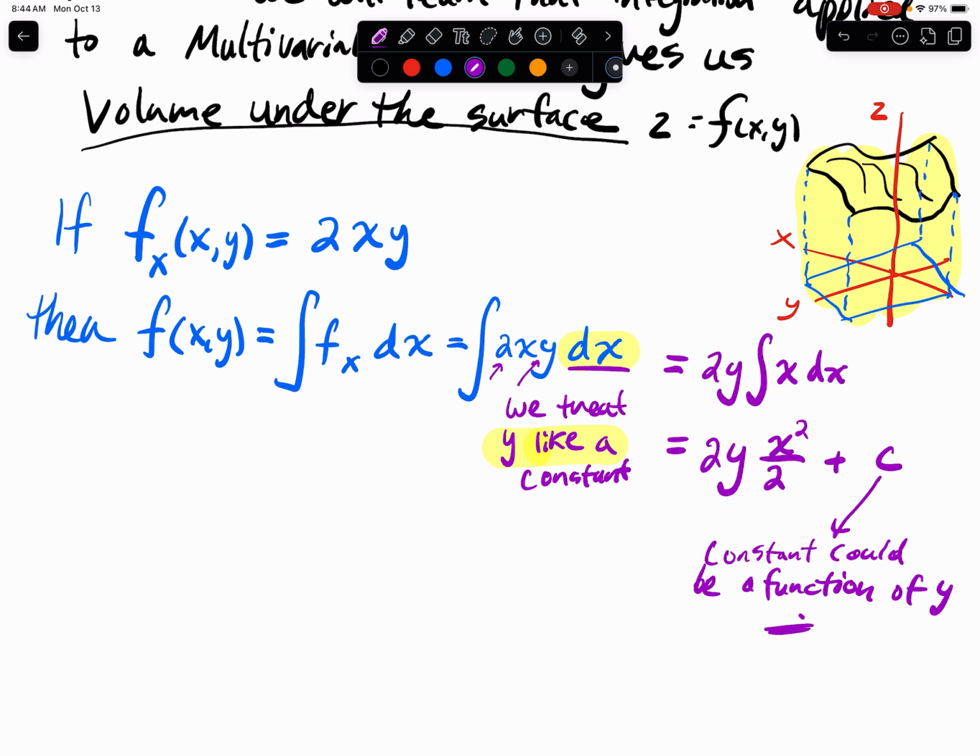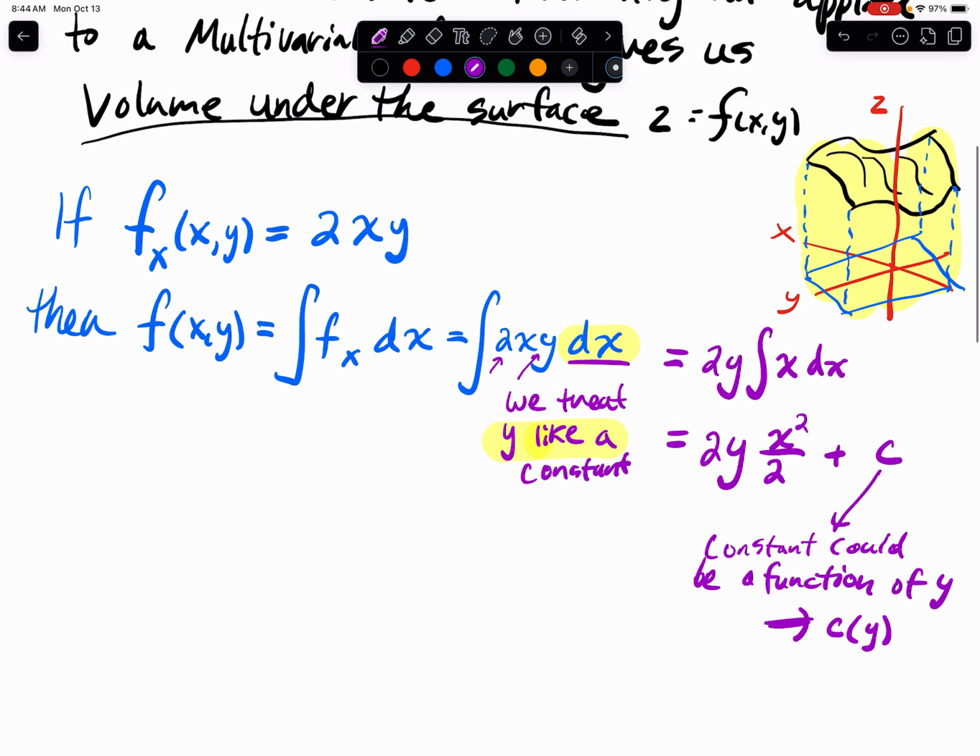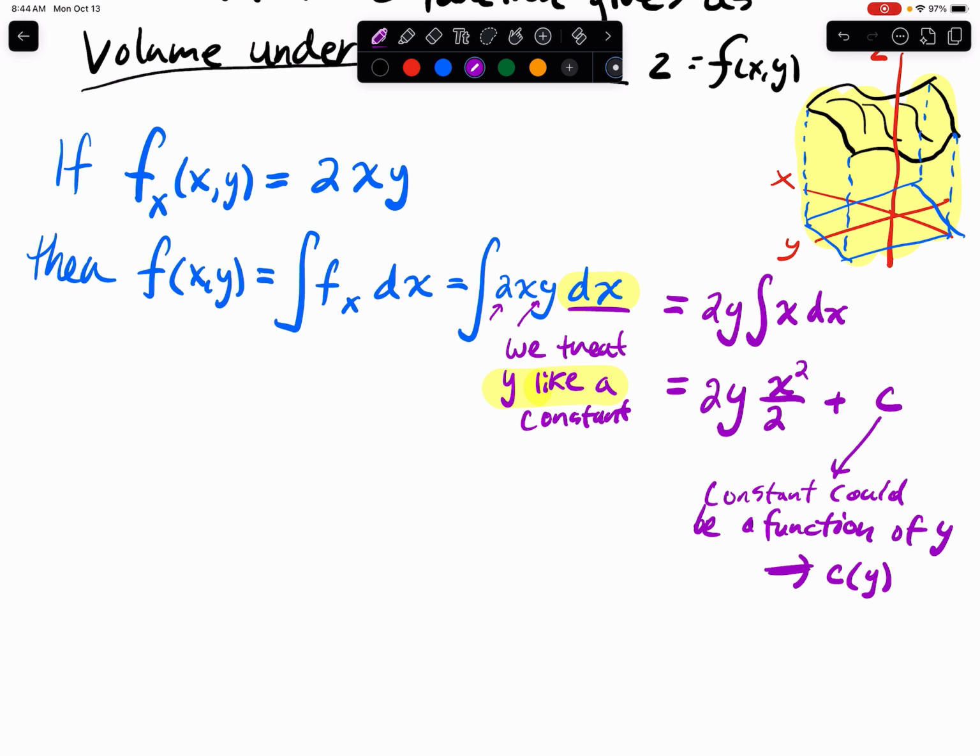The way we designate that is c of y, a constant in terms of y. Just to recap, if I took the partial with respect to x of 7 sine y, that is still equal to 0, because it's a constant with respect to x.